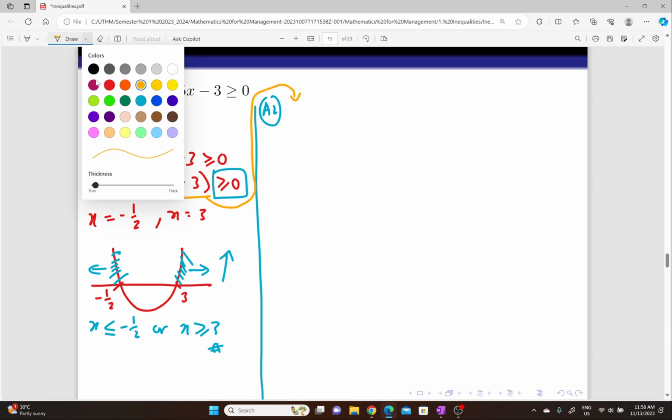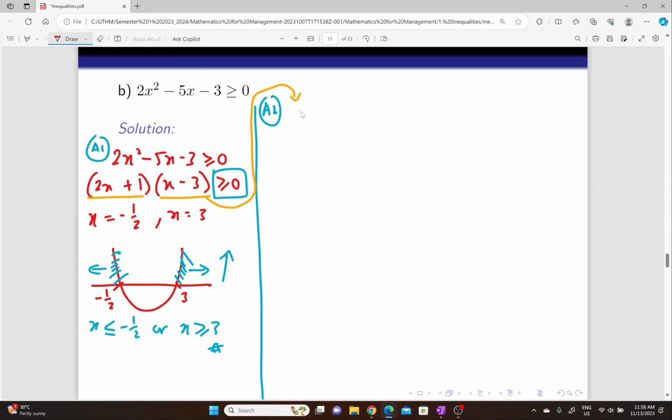So we factorized already. Once you factorize, you take one factor, greater or equal to 0. If there's an equal, you put an equal to 0. Okay, as I told you, always greater, always greater.